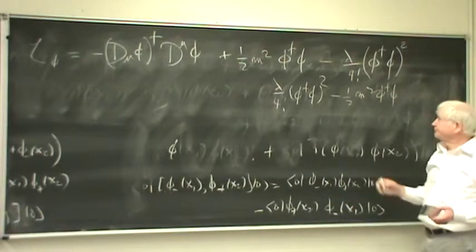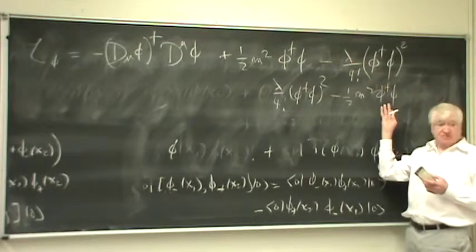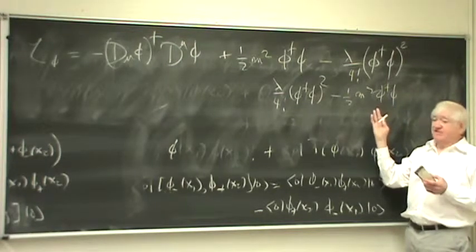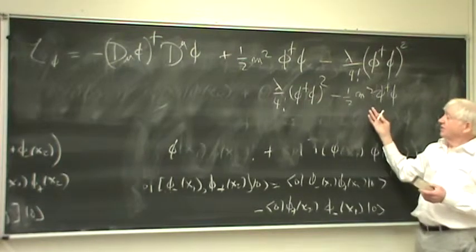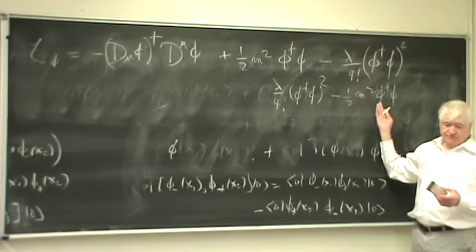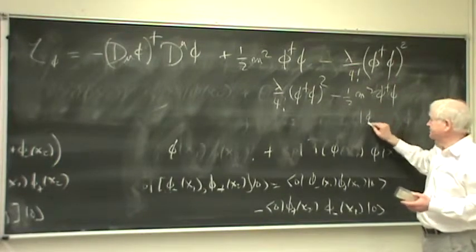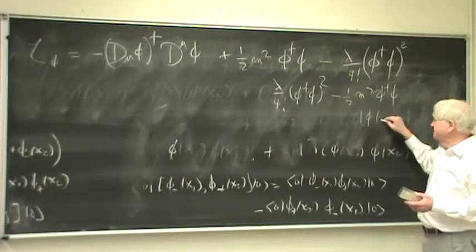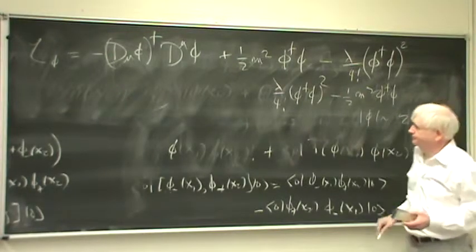When phi dagger phi is very small, this term is more important. When phi dagger phi is big, this term is more important. And so you minimize the energy by having some Goldilocks value of phi dagger phi. And the value, in fact, is known to be of the order of 246 GeV.